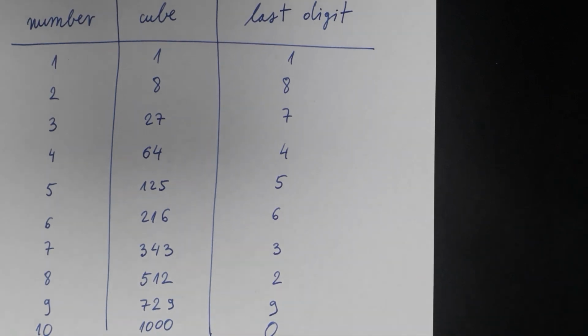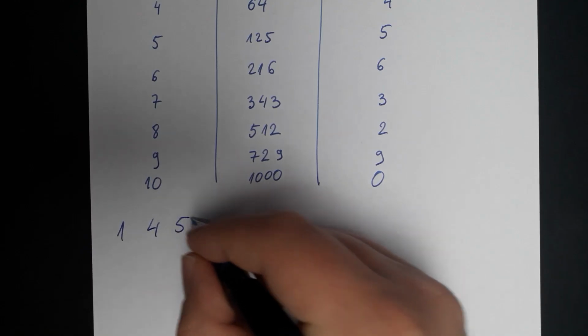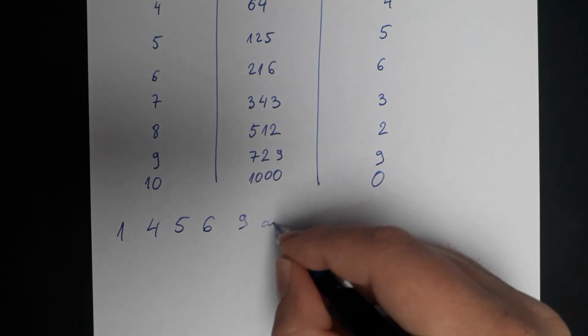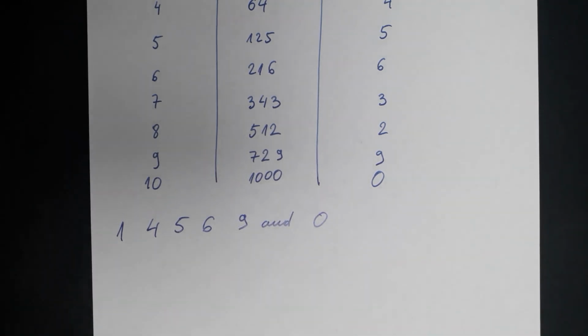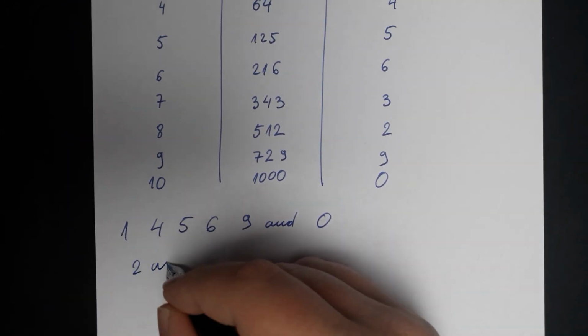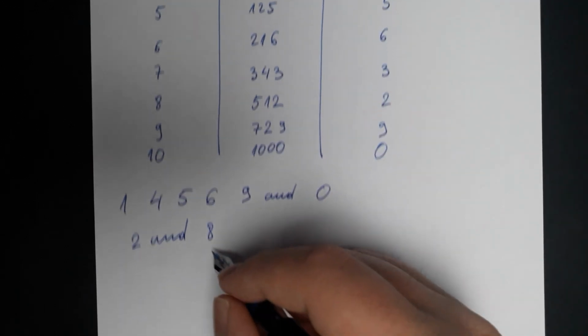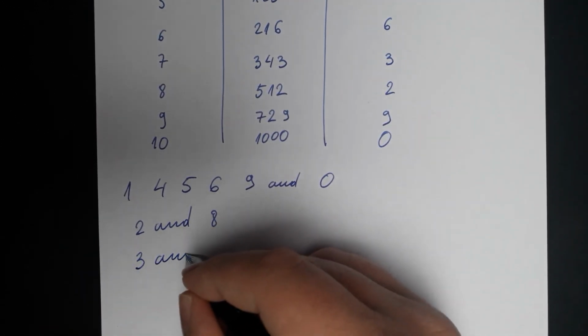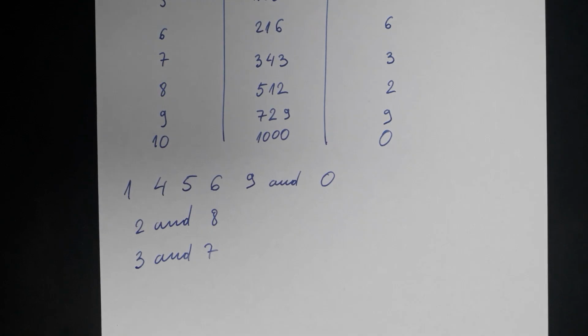A neat trick to remember this is that for the numbers 1, 4, 5, 6, 9 and 0, the last digit is the same as the numbers. And for the numbers 2 and 8 and 3 and 7, the last digit flips.